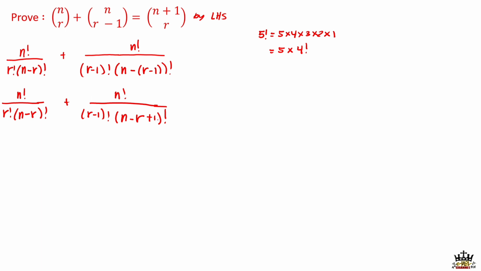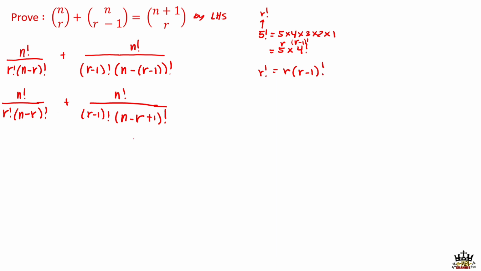To get r factorial, we simply multiply r minus 1 factorial by r. Therefore, r factorial is equal to r times r minus 1 factorial.